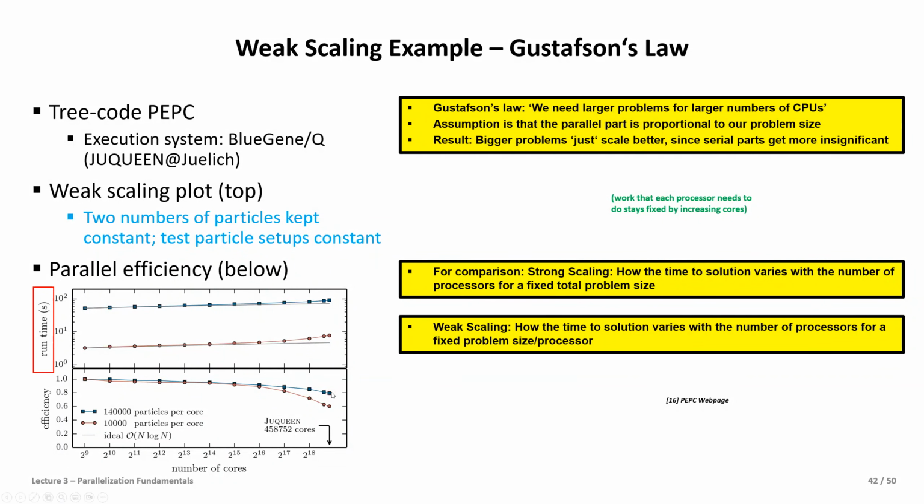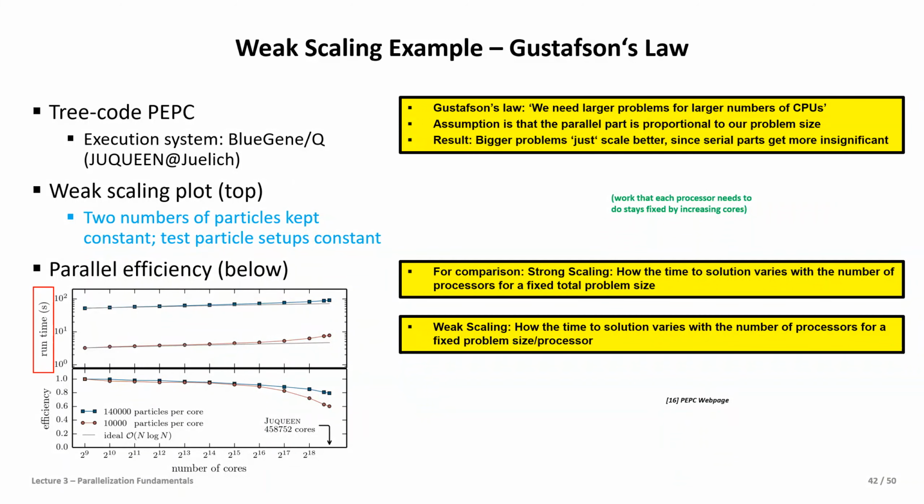But of course, it is alluding to one of the laws of computer science and HPC in particular, which we call Gustafson's law, which shows that with weak scaling, we need just bigger problems, right? Larger problems for a larger number of CPUs, more granularity, because bigger problems in a way scale better. There's more things to do.